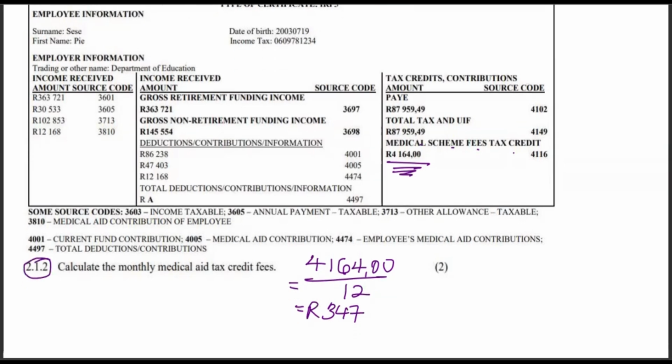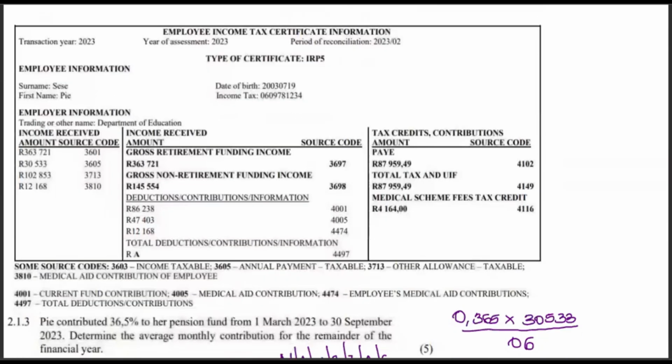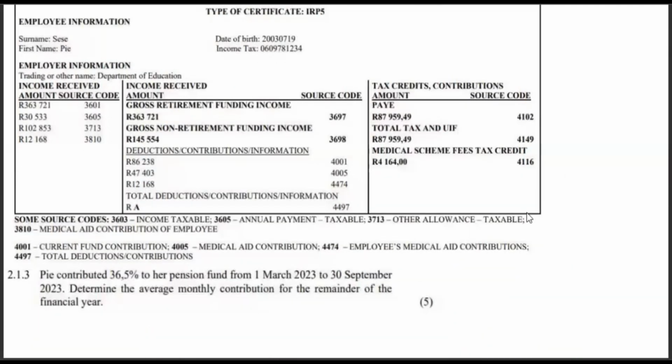We got another question, still under the same. PISA contributed 36.5% to her personal fund from 1st March 2023 to 30th September 2023.